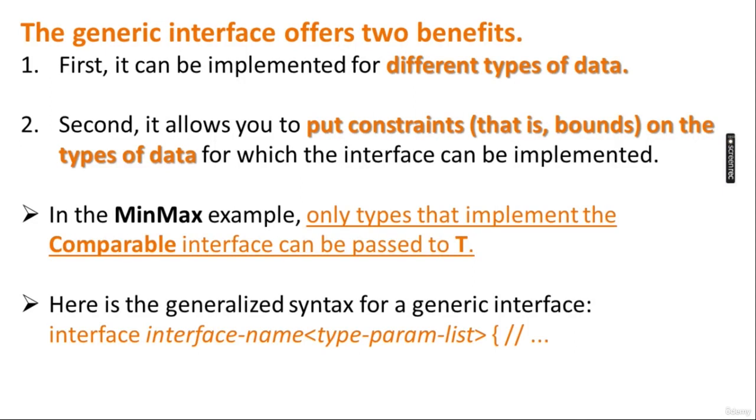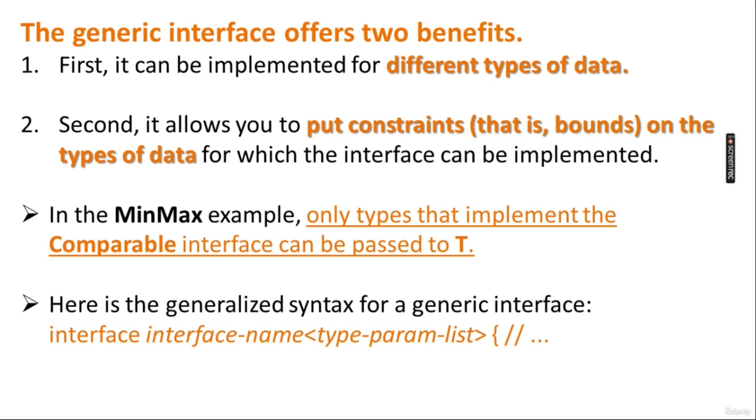Then the generic interface offers two benefits. It can be implemented for different types of data. Okay, so any type of data you can hold in that interface. It allows you to put constraints, that is upper bounds, on the types of data for which the interface can be implemented.